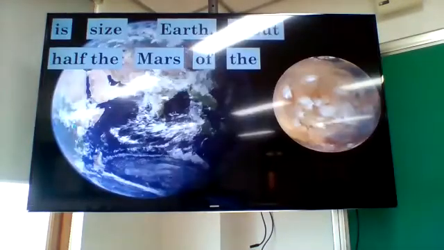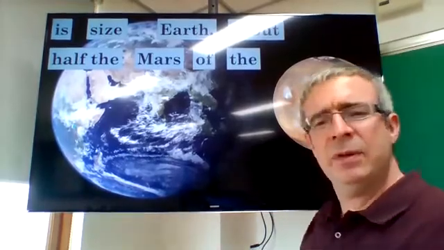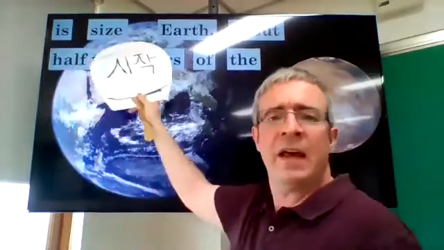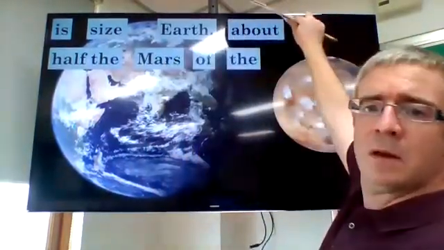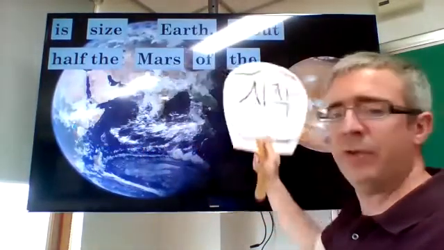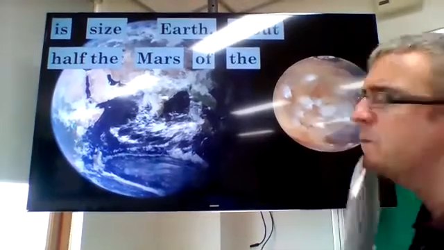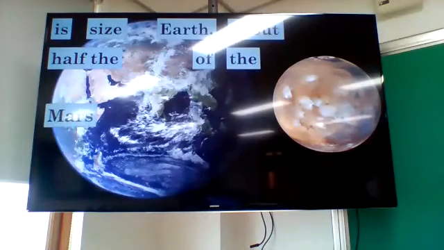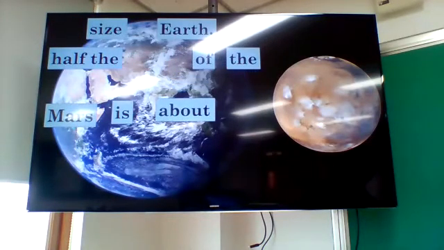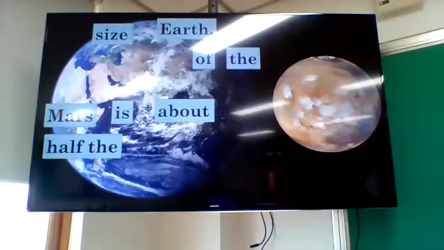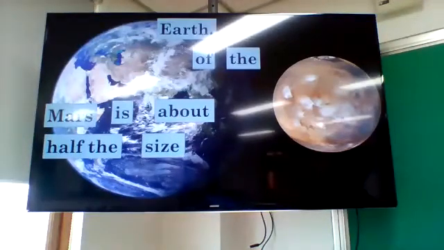Good. And I think this is the last example, maybe. So Earth, Mars again. So is the size of Earth about half the Mars? So what would go first? Mars is about half the size of the Earth.